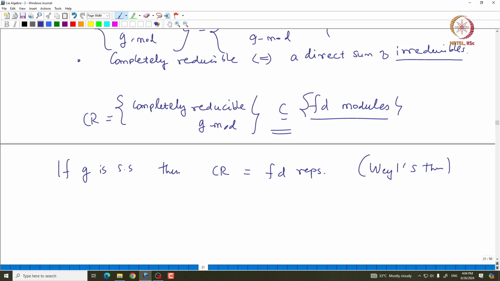That entire theory, whatever you see for GLN and SLN, can be easily generalized to semi-simple Lie algebras. Because I have not done the structure theory of semi-simple Lie algebras in this course, I am assuming only GLN, whose structure we have seen. So, we will just work out the details for GLN.